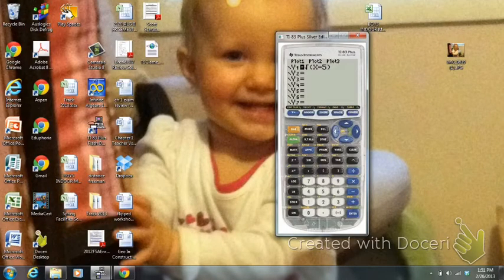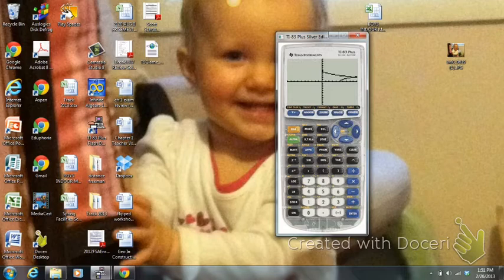Make sure you have this in parentheses if you have the calculator. It doesn't actually show it as the radicand. And then the other one was 5 minus the square root of x. Okay, so this is what you should have for y1 and y2. We're going to try to go in the standard window. I'm going to go to zoom 6 and see if we can see the intersection in the standard window.